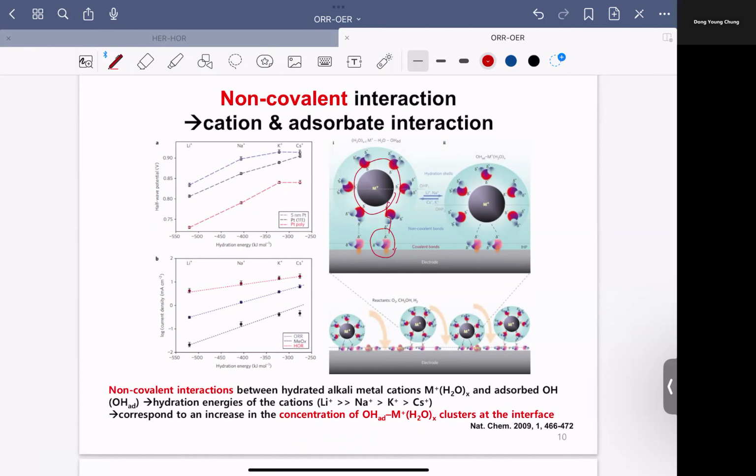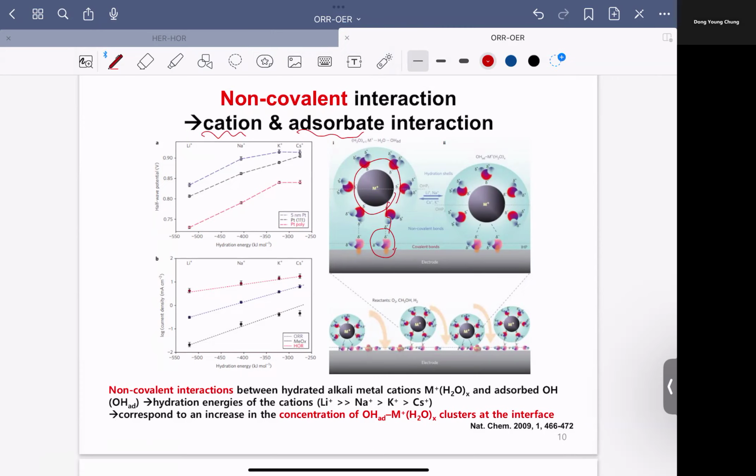right? So we call it a non-covalent interaction, the cation and adsorbate interaction. Then, not surprisingly, the non-covalent interactions between hydrated alkali metal cations and adsorbed OH, right? So it follows the hydration energy of the cations, lithium, sodium, potassium, and calcium, sorry.